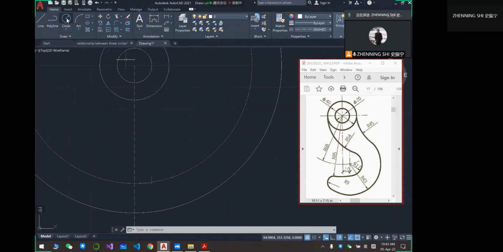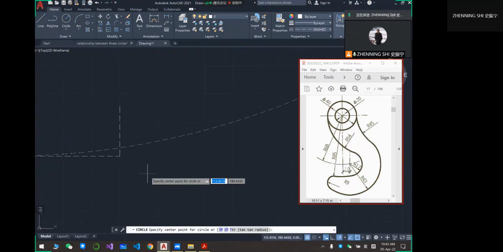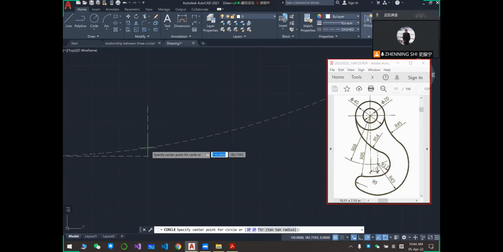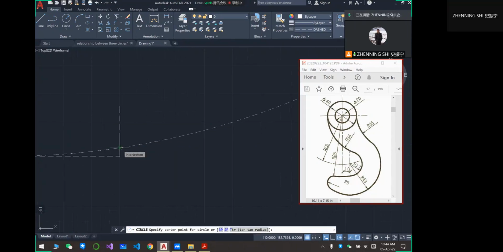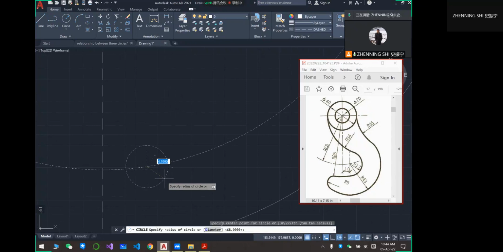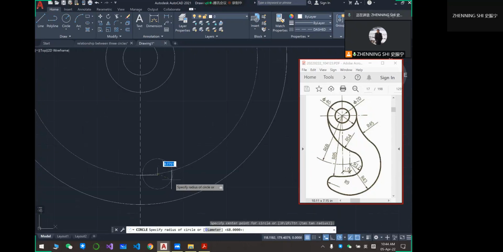It's easy to find, but most of you think that this point is the circle center of R17. It's not right. So the right position is on the auxiliary circle R68. Now I choose this point as the center of R17.